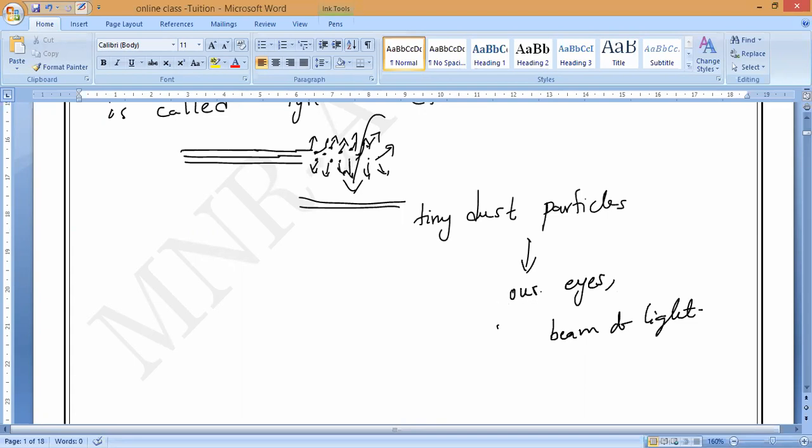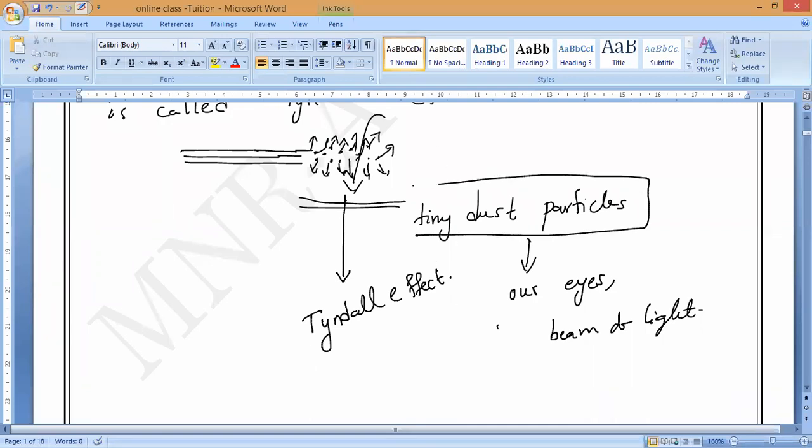What do we call, guys? Scattering of light. This scattering of light is what we call the Tyndall effect. Understand? Because of the tiny dust particles present inside our room, they scatter the light in random directions and send the light to our eyes.